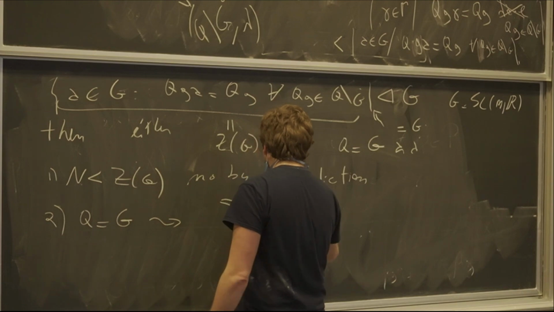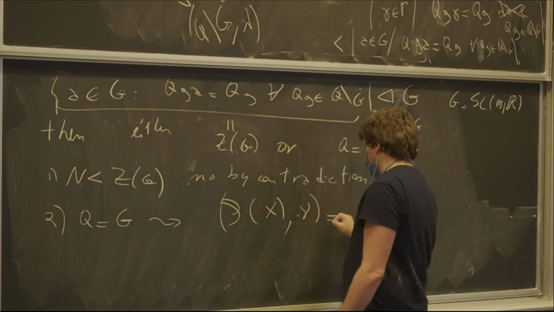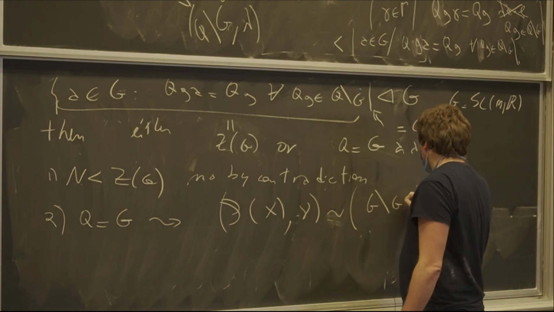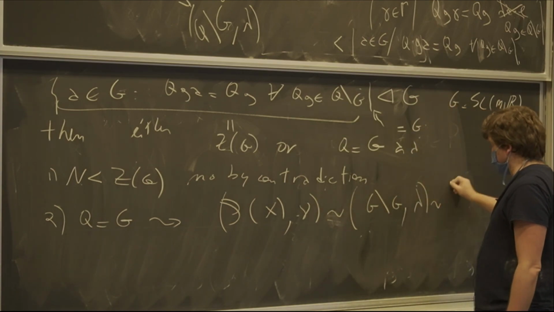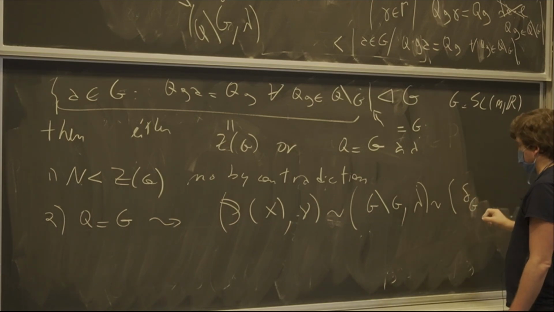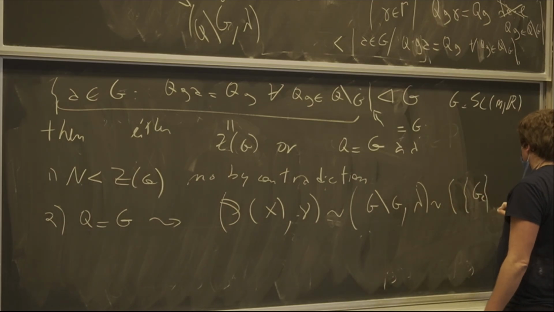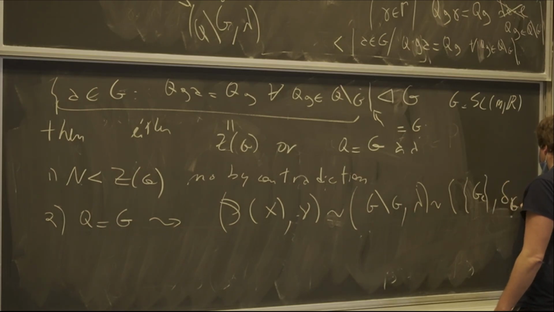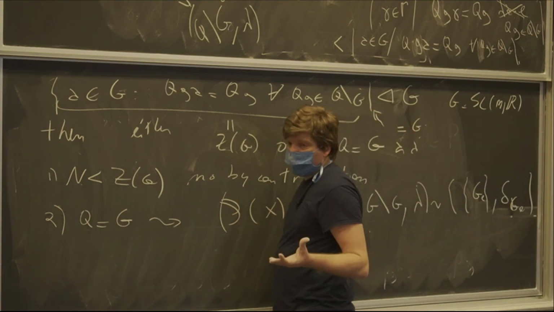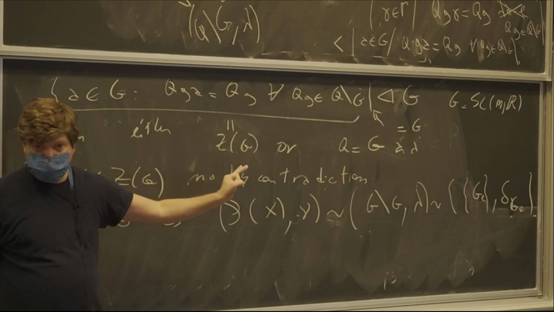It means that (P of x, nu) is equivalent to (G mod G, lambda), which is delta at identity. So it's a one-point space, which means that, of course, P of x is not a one-point space, but the measure nu is concentrated on a point.